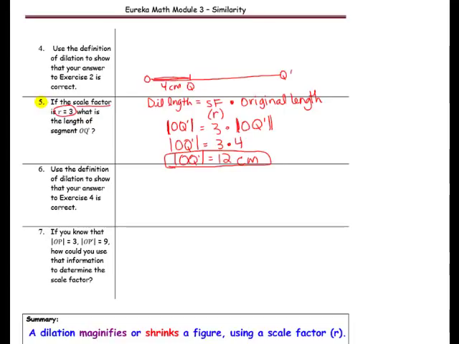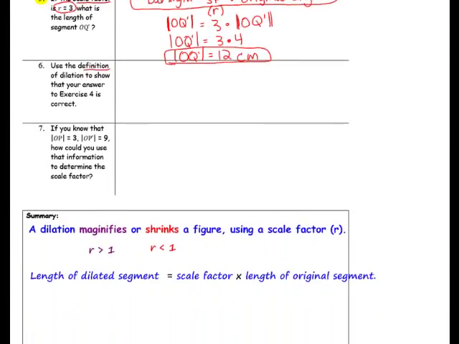Use the definition of dilation to show that your answer for number 4 is correct. We've actually used the definition as we wrote out our solving of the problem. Question 7. If you know that OP equals 3, okay, let's go back here. It says you know that the length of OP is 3.